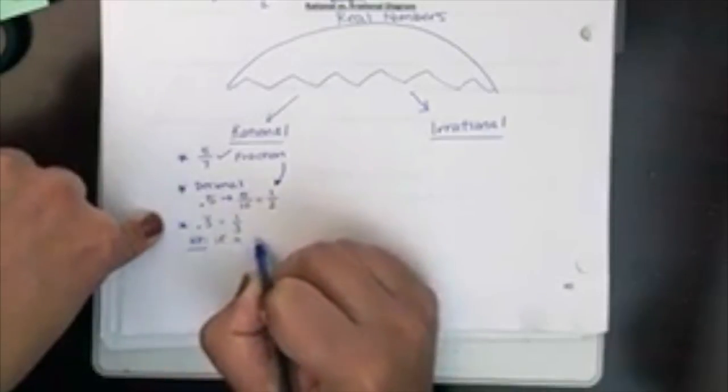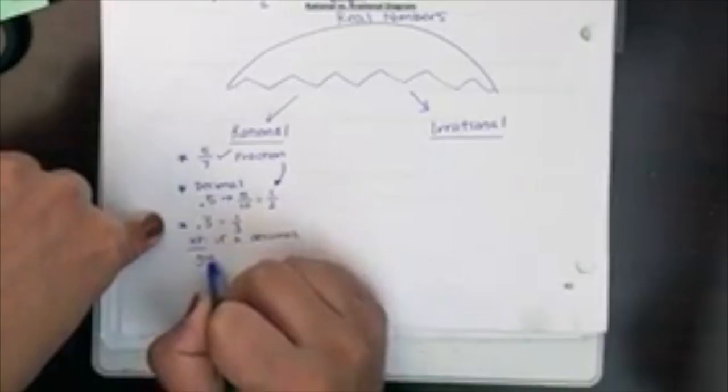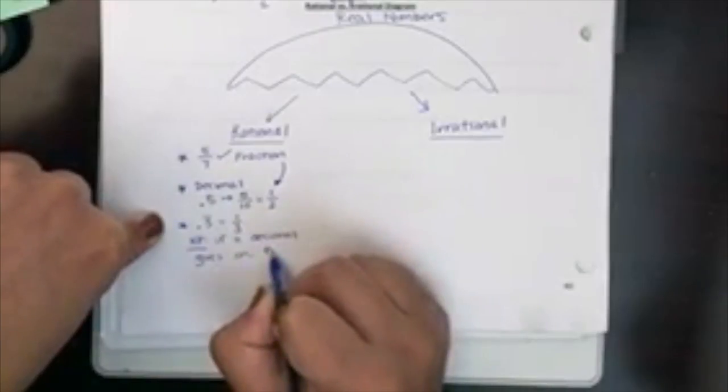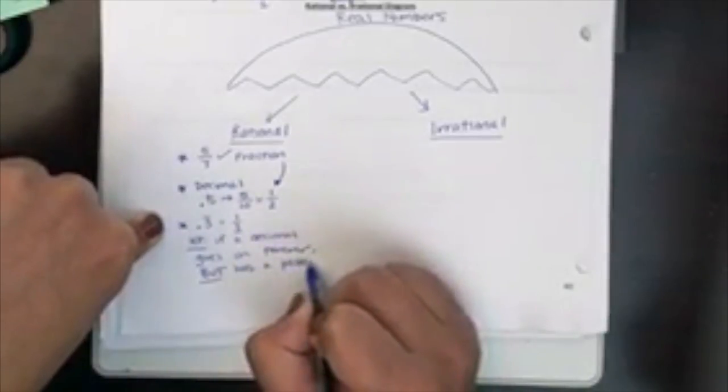If a decimal goes on forever, but has a pattern, it is rational. Again, because it can be written as a fraction.